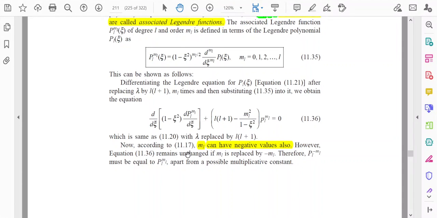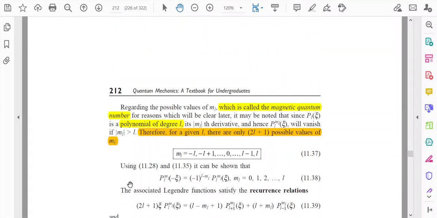Therefore PL of minus ml must be equal to PL ml, apart from a possible multiplicative constant. Now regarding the possible values of ml, ml is known as the magnetic quantum number. I am repeating again, ml is known as the magnetic quantum number.